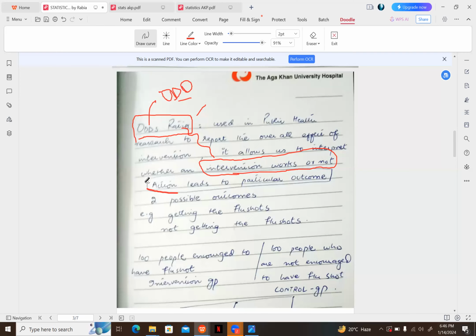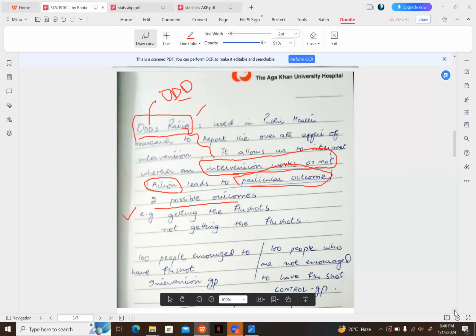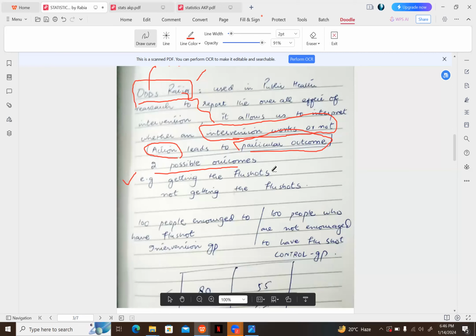That is, there is a certain action that leads to a particular outcome, and there are two possible outcomes for us. I have taken just an example, not real data: getting the flu shot is one possibility and not getting the flu shot is another possibility.